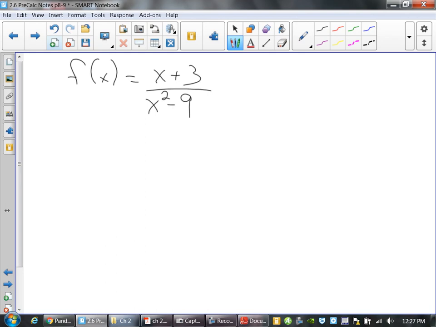So you wind up with, when you simplify that, what do you get? Thank you for remembering that there's a 1 in the numerator.